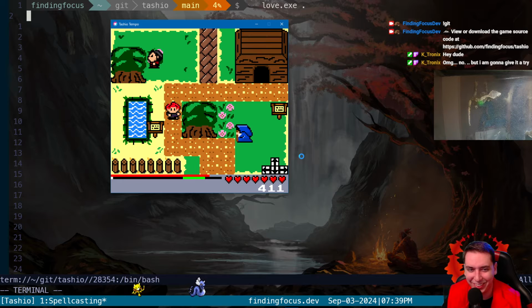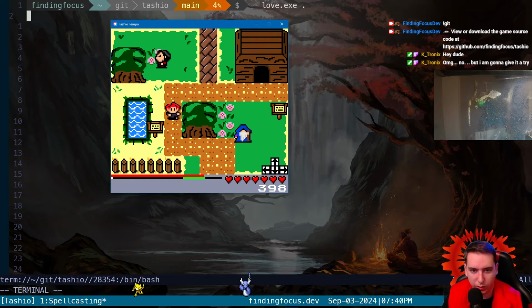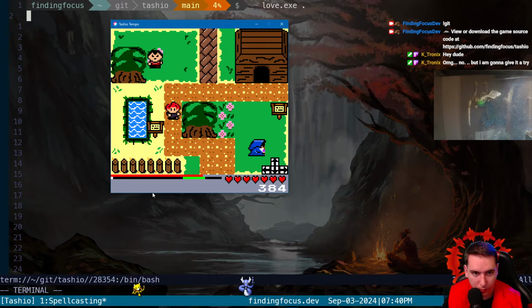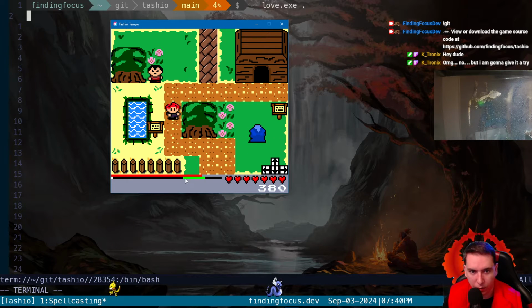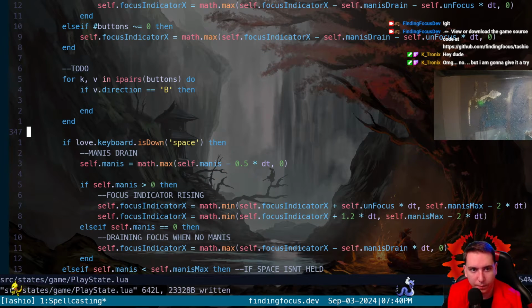It is so slow. I don't see our focus indicator moving at all. So Manus is the red bar. The focus indicator is the little white circle that's supposed to move right here. And then green is like the successful spell cast. So this is just totally bad.